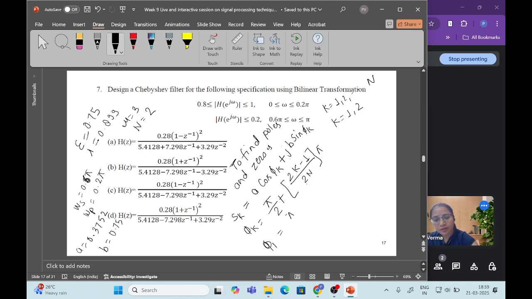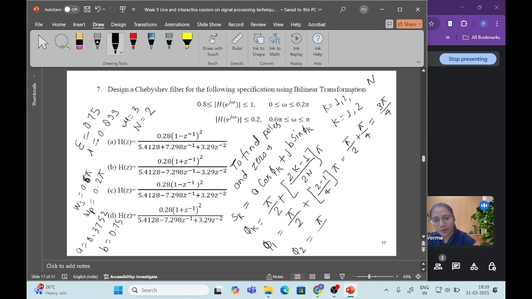Phi 1, put k is equal to 1, so pi by 2 plus (2 minus 1) divided by 4, times pi. Right, so here it is pi by 2 plus pi by 4. So equally we will get 3 pi by 4. Similarly, you have to calculate phi 2 also.